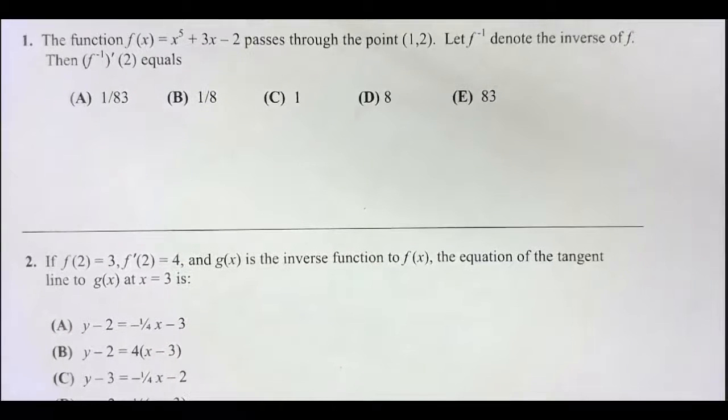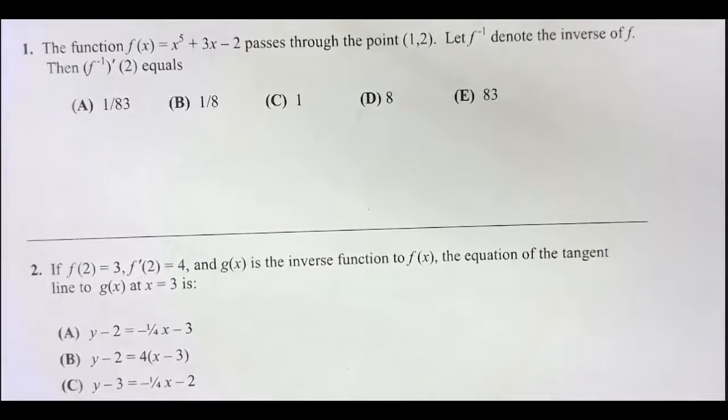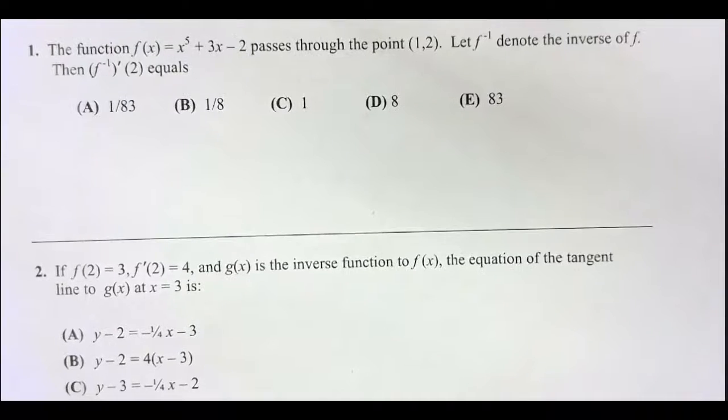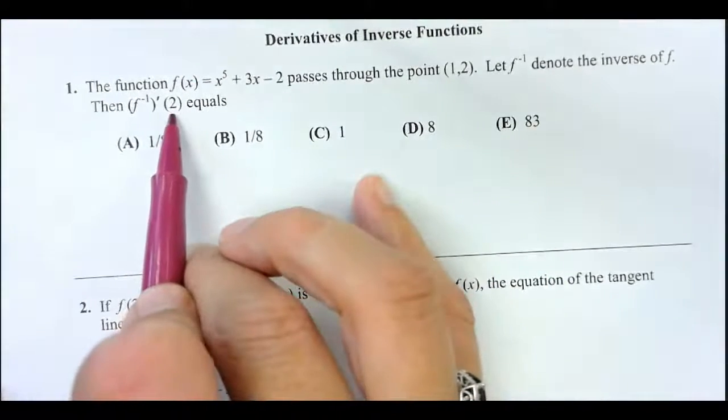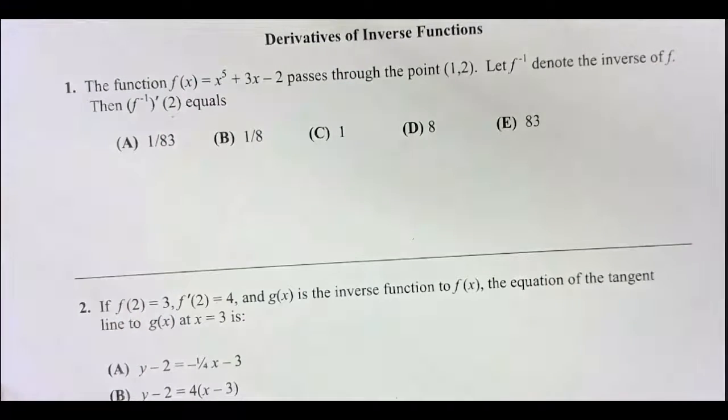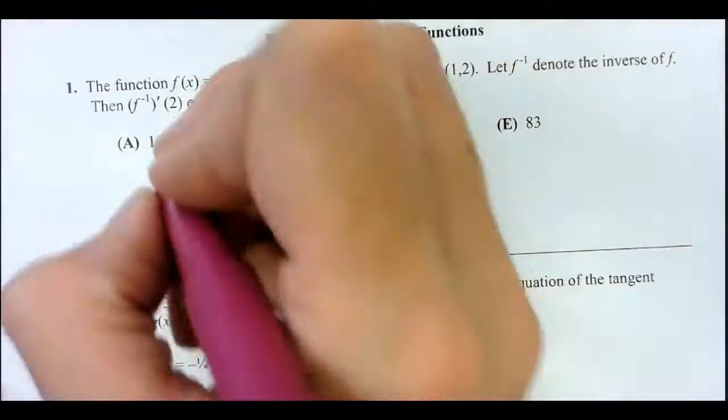So it says the function f of x equals x to the fifth plus 3x minus 2 passes through the point (1, 2). If f inverse is denoted by f to the negative 1 and represents the inverse of f, find f inverse prime of 2. So again, that 2 represents the y value of the original.